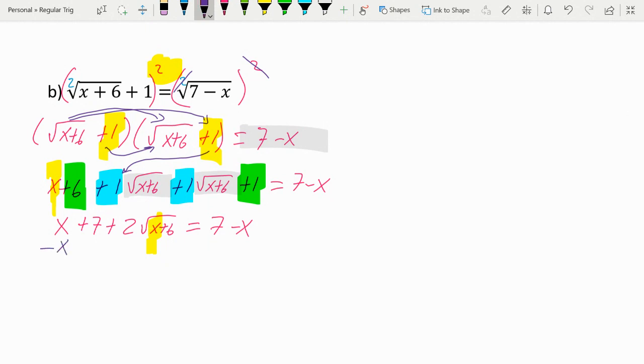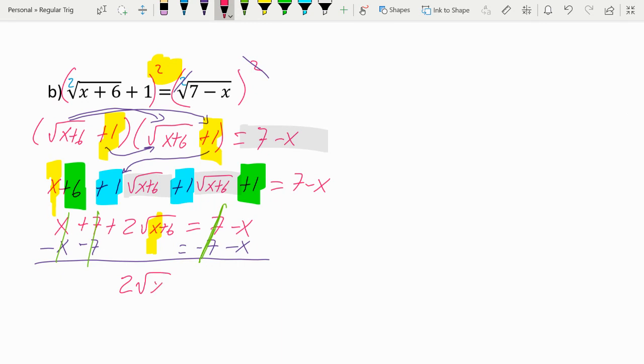I'm going to subtract x from both sides, keeping like terms together. And then I'm going to subtract 7 from both sides. What happens? That cancels, that cancels. And even on this side, we got that to cancel, so it actually made this problem a little bit easier because it could have been ugly.